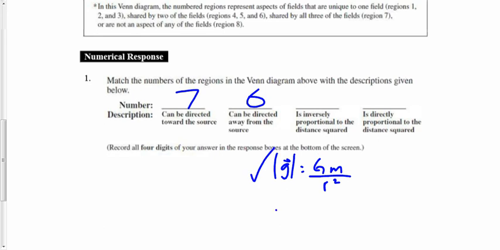The electric field is kq over r squared. Is that inversely proportional to the distance squared? Yes. The magnetic field is, you don't know. You haven't been taught an equation for magnetic field, nor will you be taught an equation for magnetic force field. So how are you supposed to answer this question?